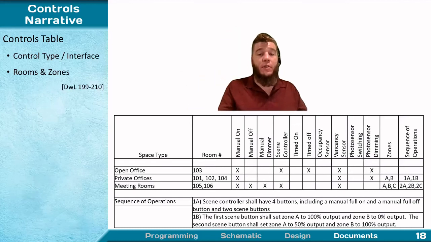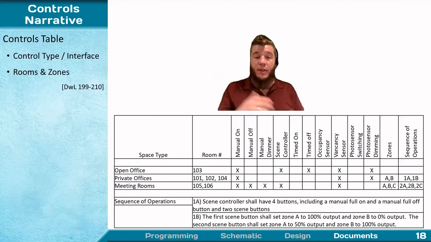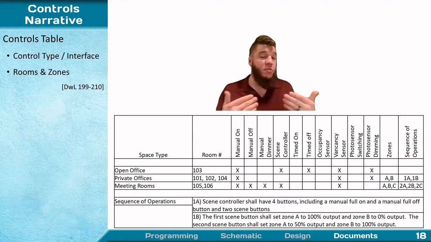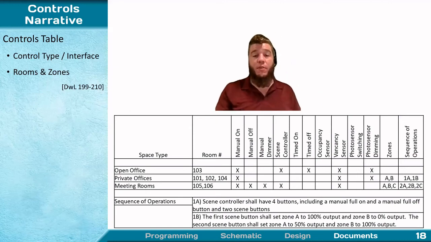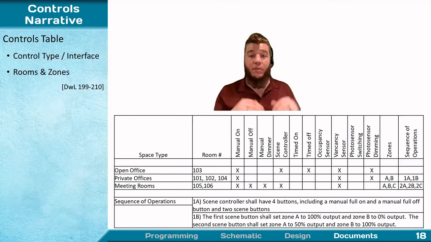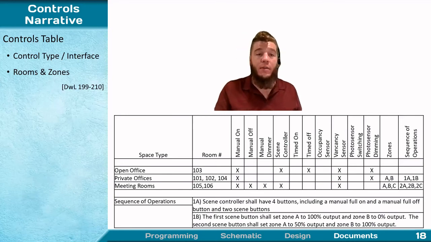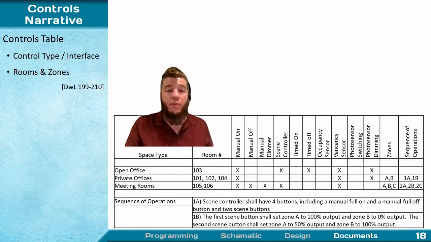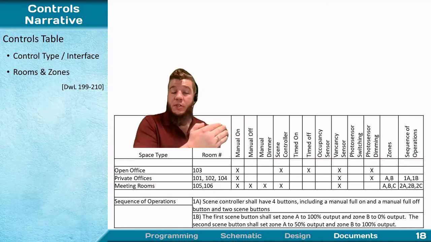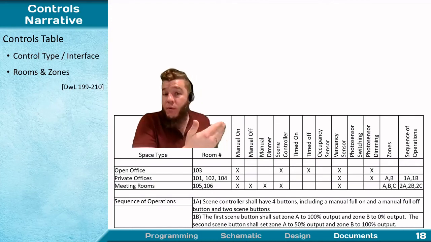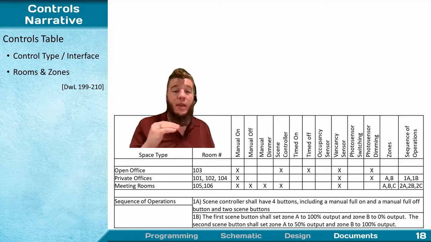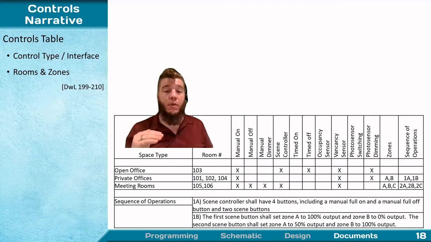We can also take a look quickly at the controls narrative. The controls narrative is going to include two major pieces. The first one is the control table that you see right below me. This one is more straightforward because you can just list your control type or the interface that you're utilizing, and you have a table of your space types.